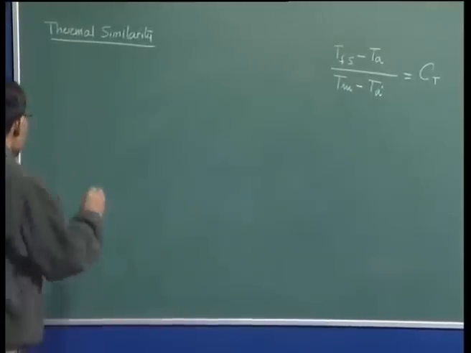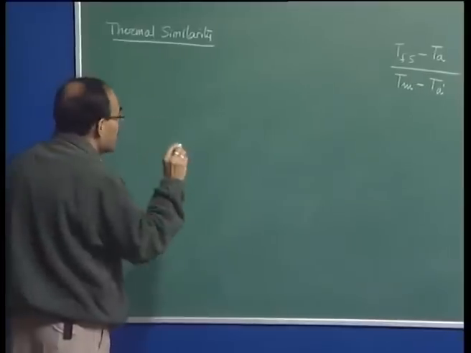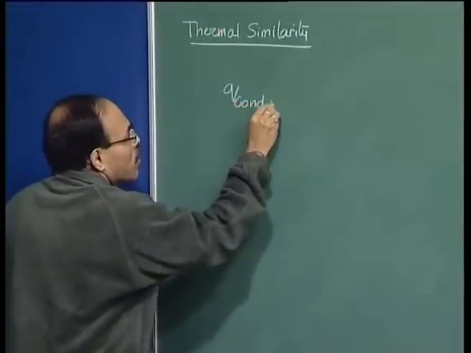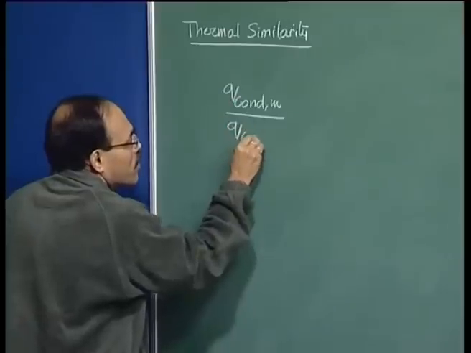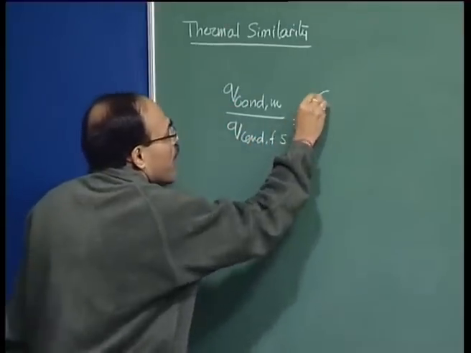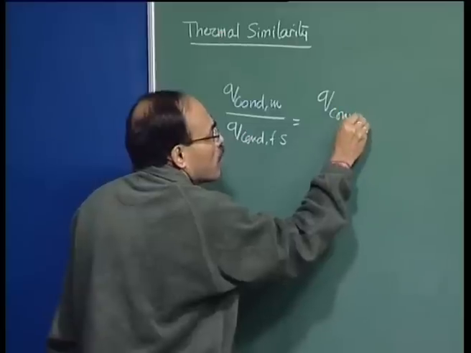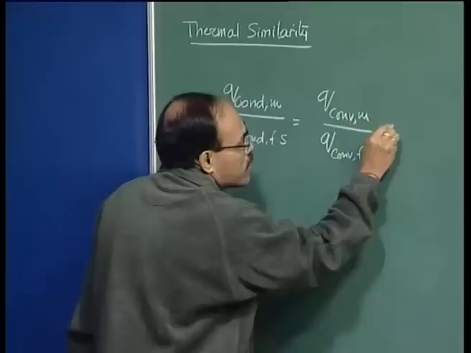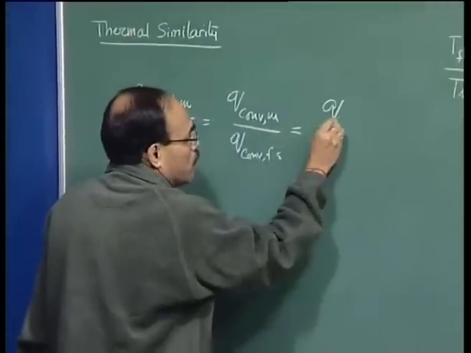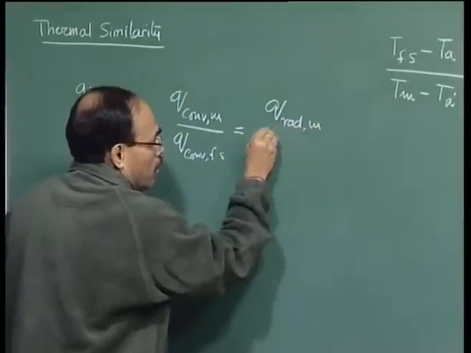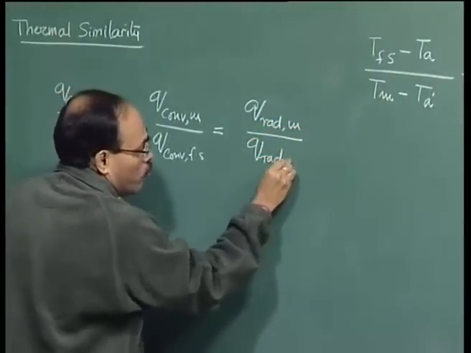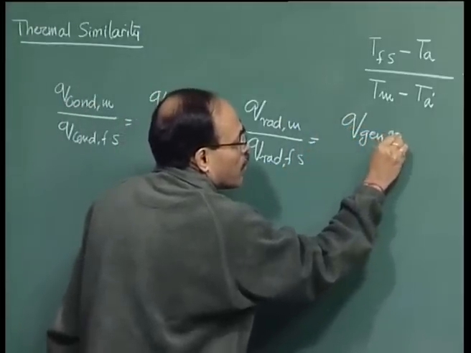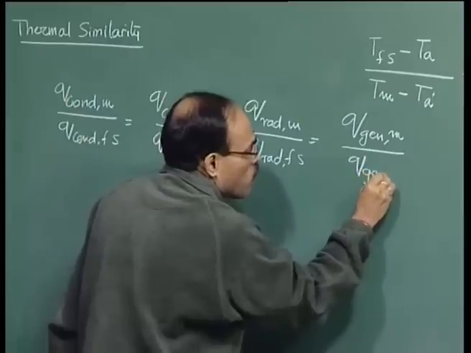The theorem is now that at corresponding location at corresponding time, if you can make this equal: the rate of heat flow by conduction in model to rate of heat flow by conduction in full scale is equal to the rate of heat flow by convection in model to rate of heat flow by convection in full scale, is equal to the rate of heat flow by radiation in model to full scale, and is equal to Q generation model by Q generation full scale.